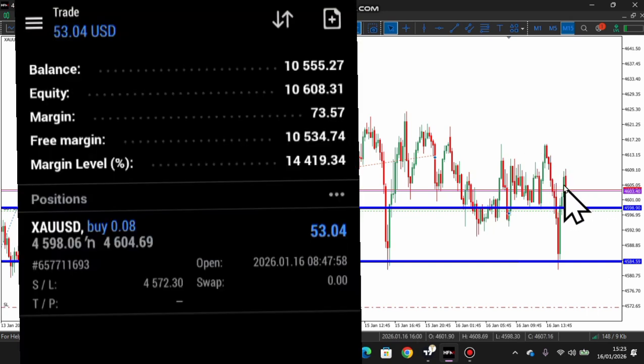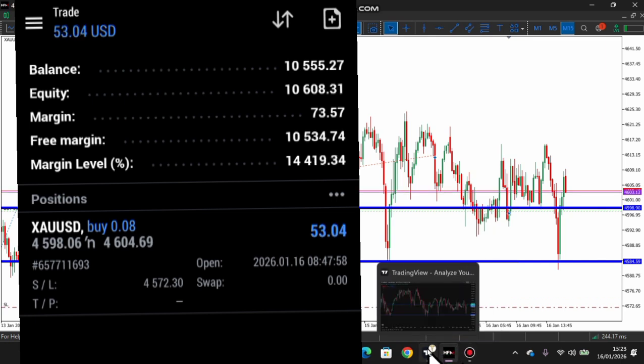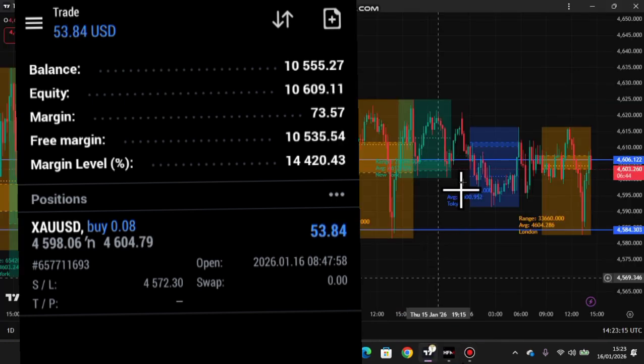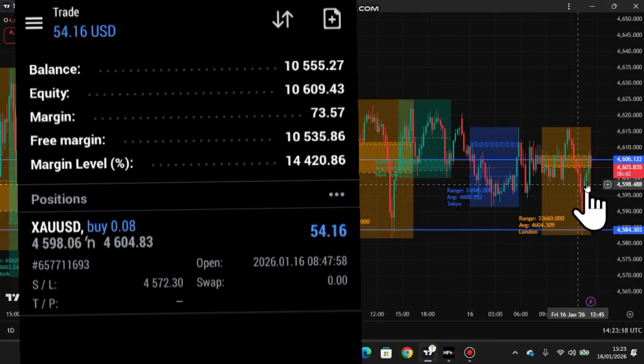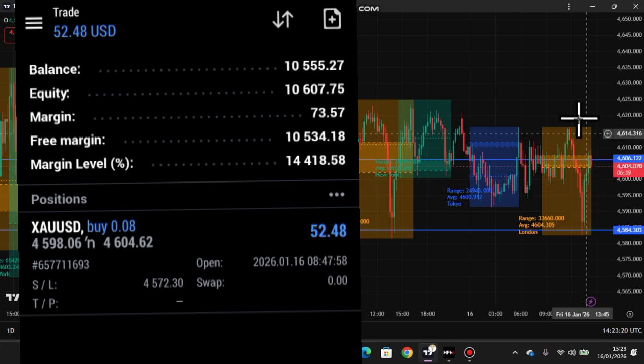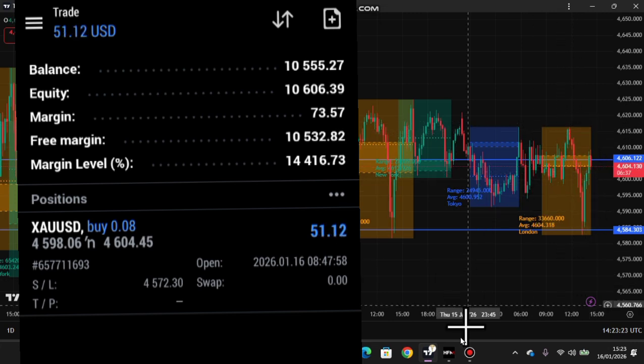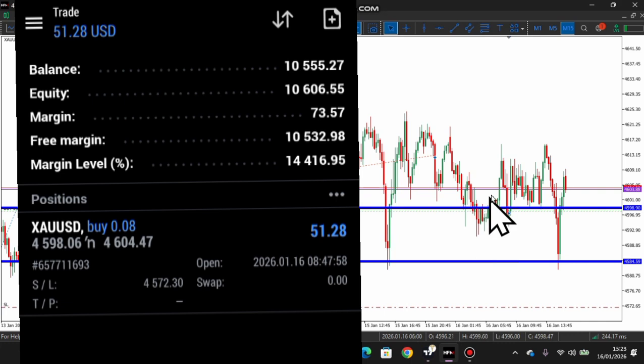As you can see on my P&L, this is where price is, and I was actually looking at the New York Open. Let's check that real quick. I was actually looking at the New York Open to have pushed price back to the upside, but it did not go the way I planned.